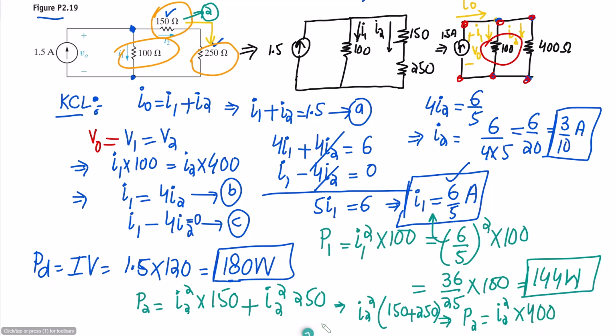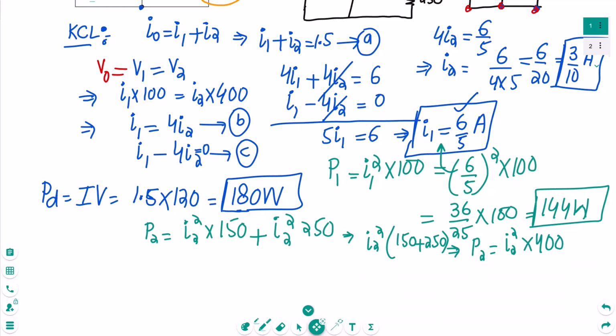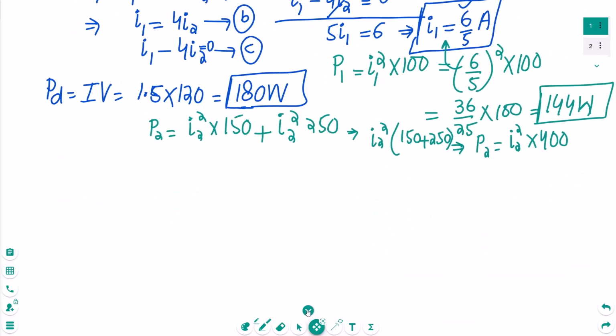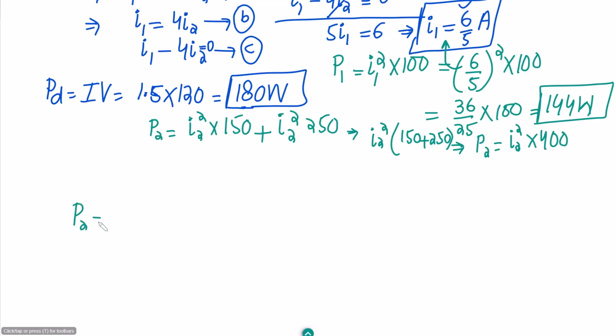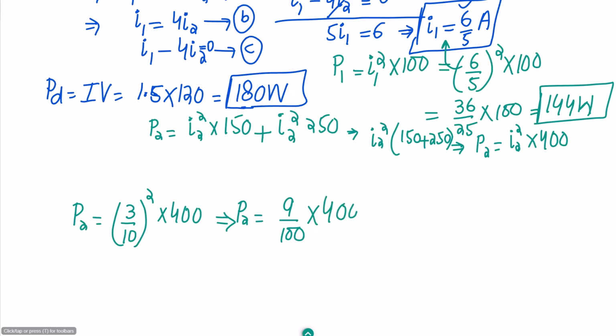Let me move down somehow to solve it. So now for P2, the value of I2 is known, and that is 3 by 10 whole square multiplied by 400. So P2 is 9 divided by 100 multiplied by 400.